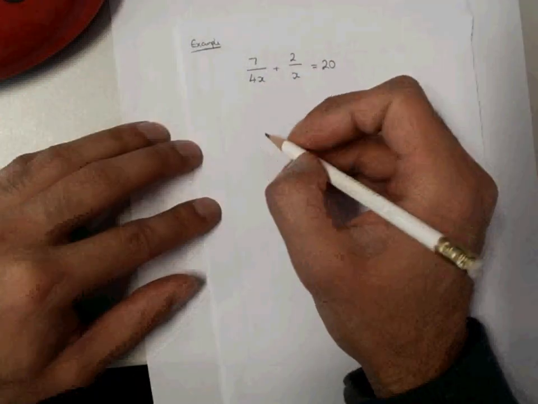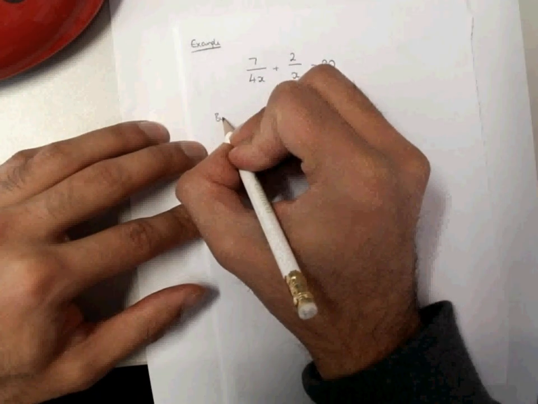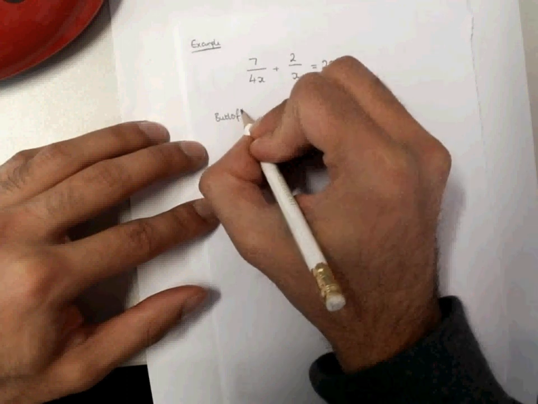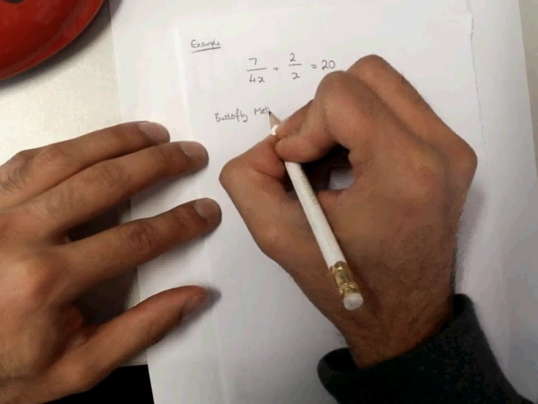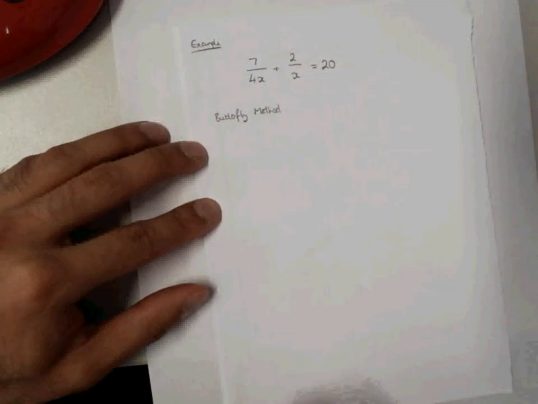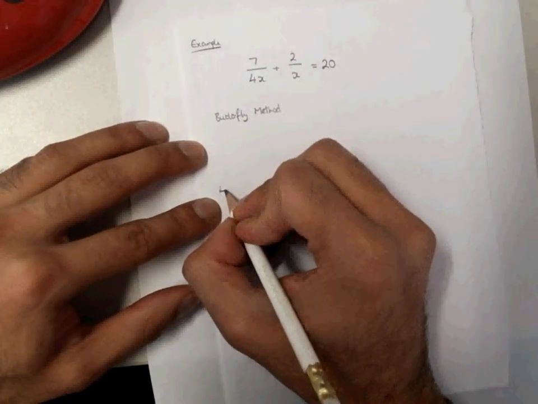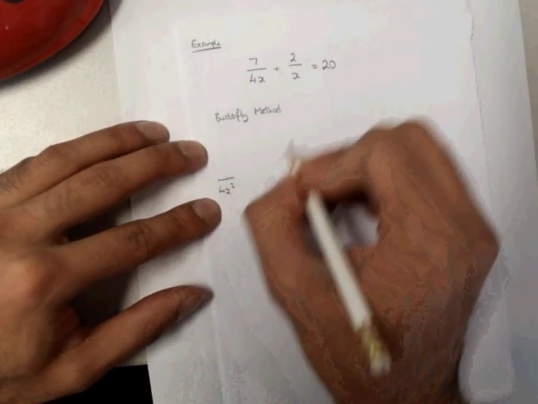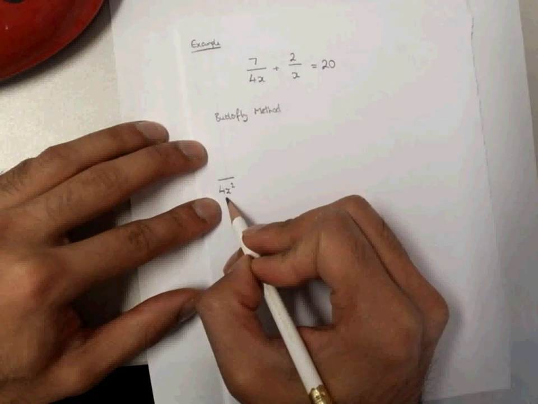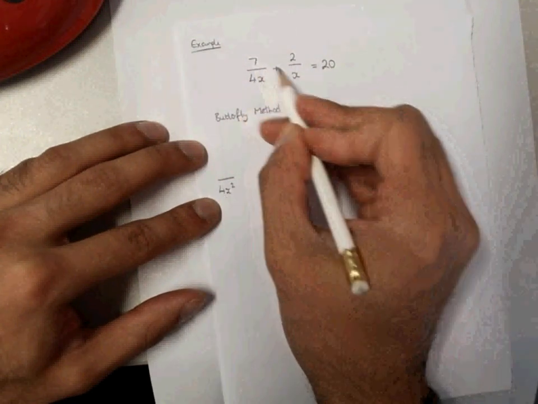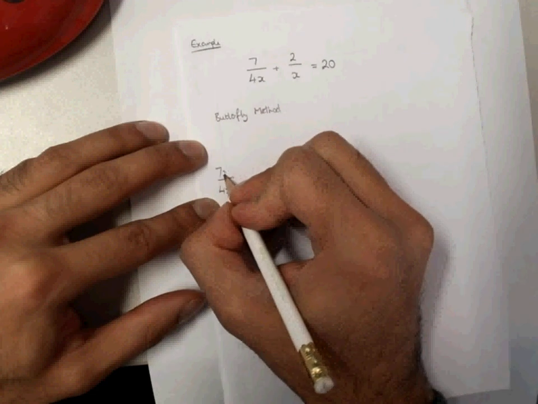Okay, so on the left, I'll call it the butterfly method. What we get is 4x times x is 4x squared. That times that gives me that. 7 times x, 7x.